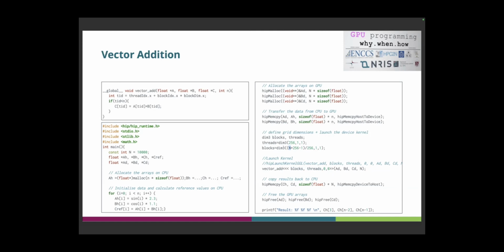The number of blocks is given by this formula: n divided by 256, times 256, so it's going to be at least n in this way.